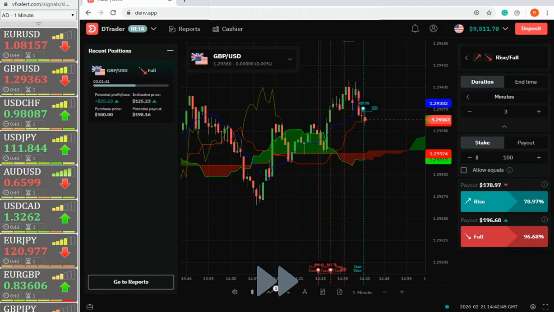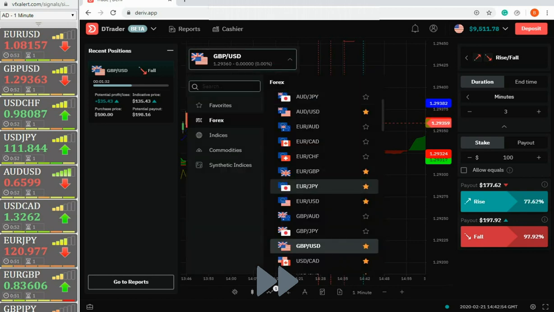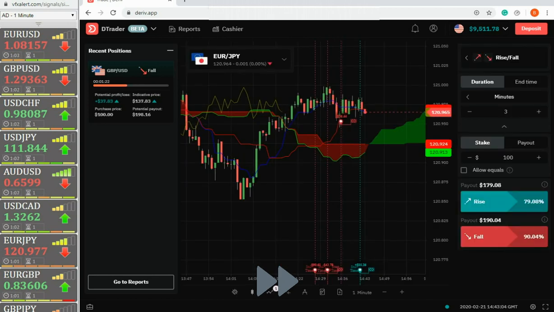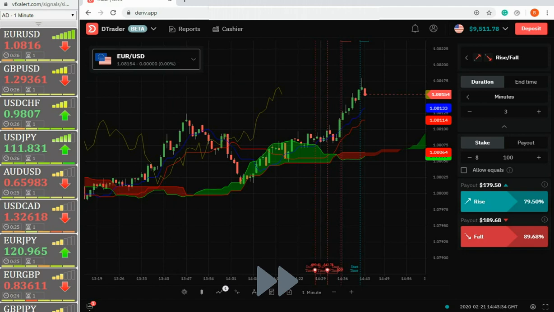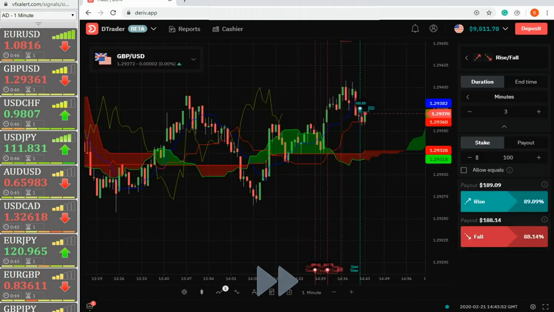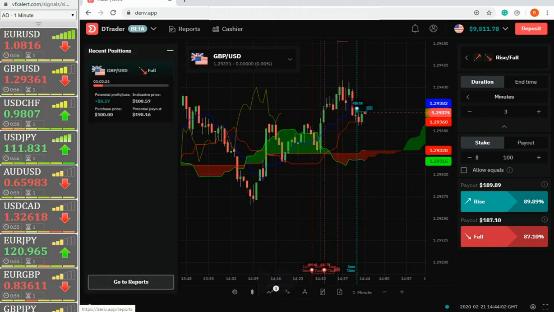Friday is a short day at Forex. Difficult trading, but the strategy continues to give good signals. The price is again close to the opening level.